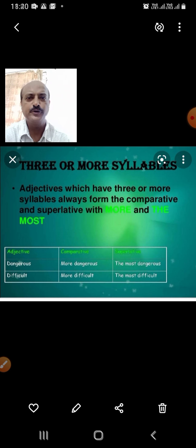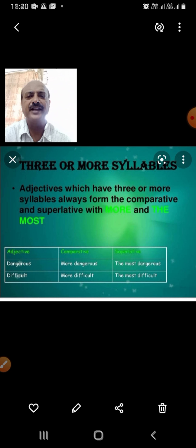Students, today I am going to continue with the comparison of adjectives explanation. In the first video, we saw that there are three degrees: positive, comparative, and superlative. In the second video, we saw the use of than and the. We use than in the comparative degree and the in the superlative degree.